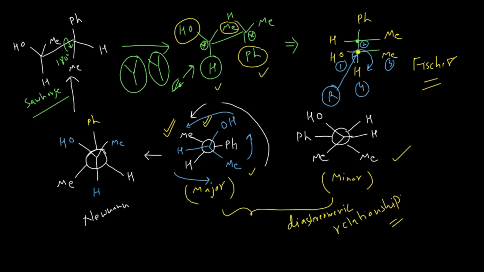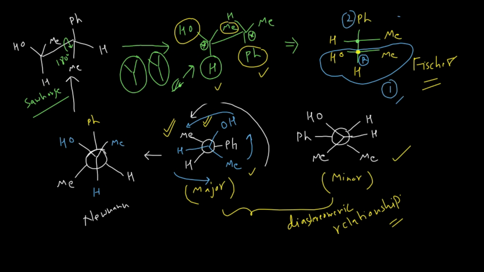Now if you do the configuration for this one, I need some space, so I am removing my earlier rotations from here. You can take the snapshot. So this I have decided, this has the R configuration. This carbon. Now, what about this carbon? This entire group will have priority number 1 according to the rules. This will have priority number 2. This will have priority number 3.